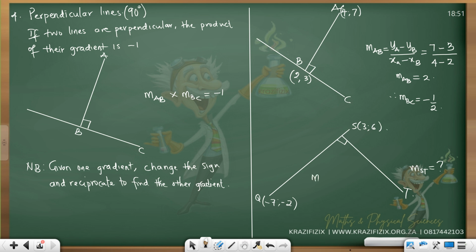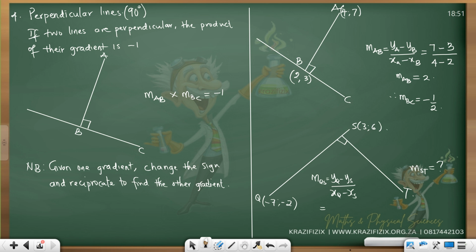Let's calculate the gradient of QS: YQ minus YS over XQ minus XS. I just like to write it like that so that it's easy for me. All right, what is YQ?